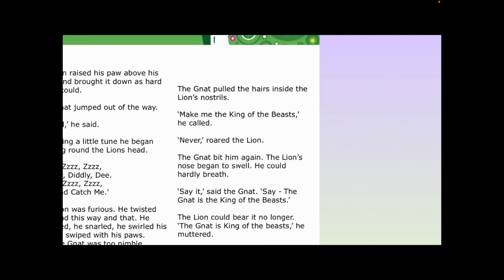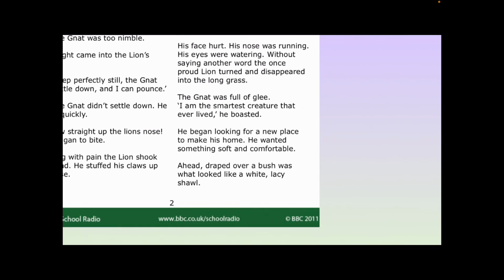"The gnat is the king of the beasts," he muttered. His face hurt, his nose was running, his eyes were watering. Without saying another word, the once proud lion turned and disappeared into the long grass. The gnat was full of glee. "I am the smartest creature that ever lived," he boasted. He began looking for a new place to make his home. He wanted something soft and comfortable. Ahead, draped over a bush, was what looked like a white lacy shawl.